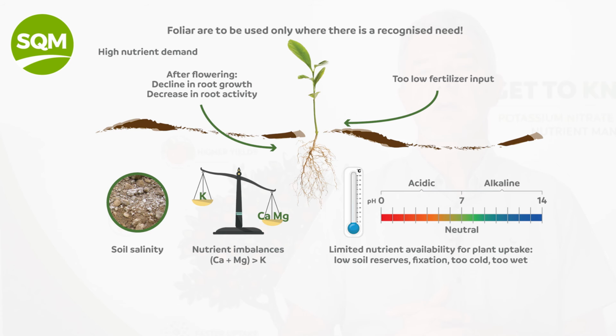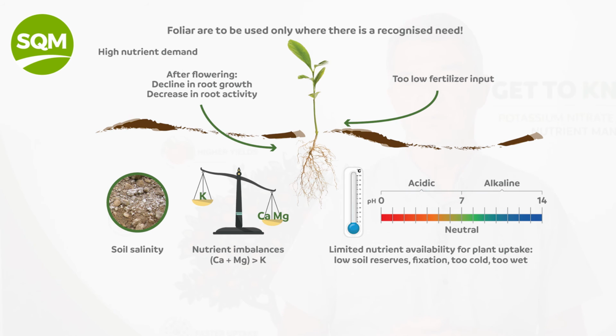If you look at the bottom left quadrant, there are certain nutrient imbalances in your soil, such as very high calcium and magnesium versus potassium, and you would consider rectifying that with potassium applications through the leaf.